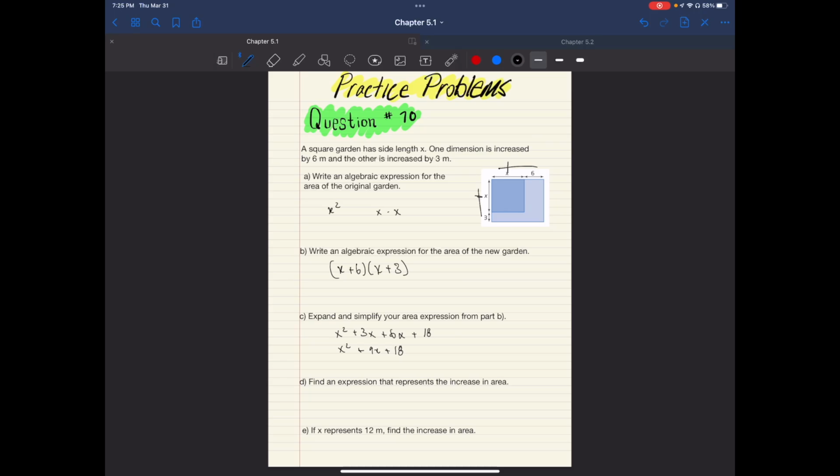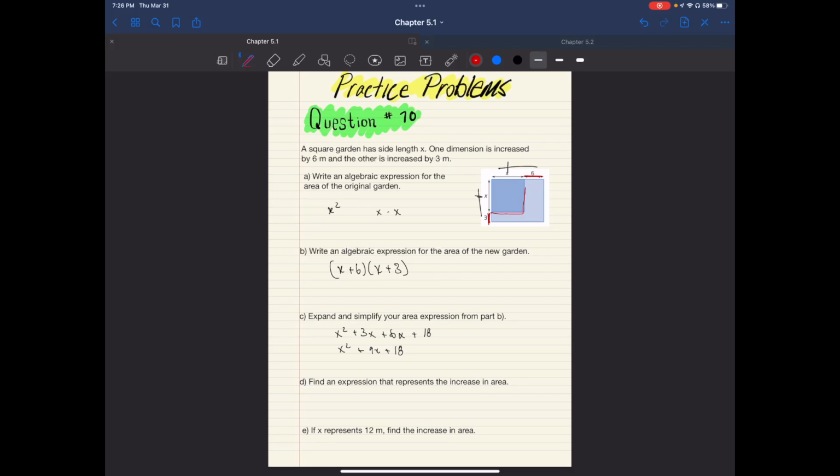Find an expression that represents the increase in area. Okay, well, if we look at it, the increase in area is the 6 and the 3, right?